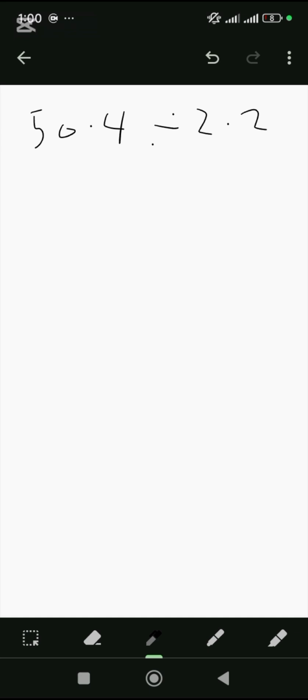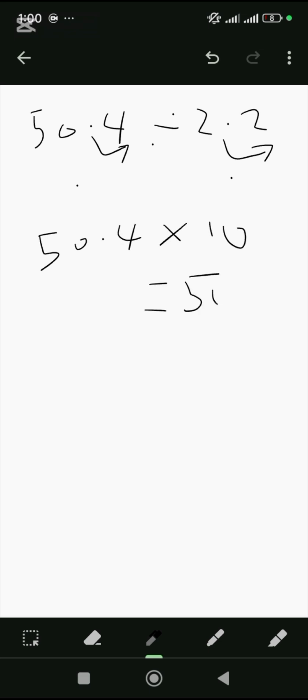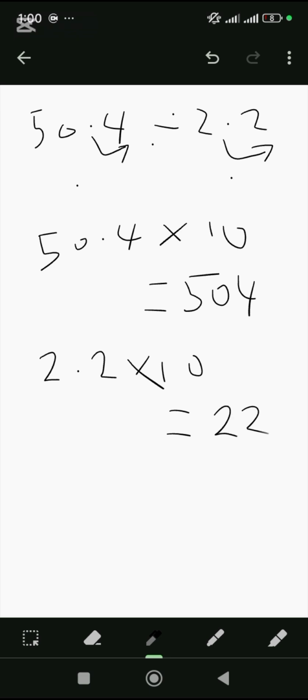So first thing we want to do is to move away this point here. And to do that, we have to multiply both sides by 10. And so for 50.4 times 10, we would have 504. And for 2.2 times 10, we will have 22.